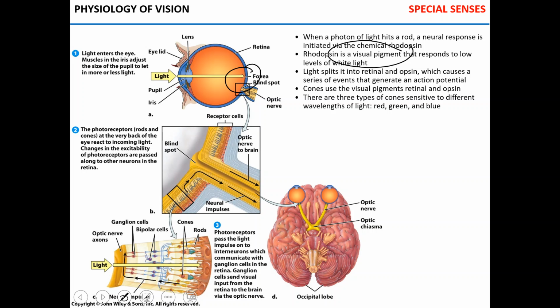Stimulation of rhodopsin initiates a nervous signal that is transmitted from the rods to bipolar cells. And bipolar cells essentially transmit the signal to ganglion cells. And ganglion cells extend their axons to the visual cortex.